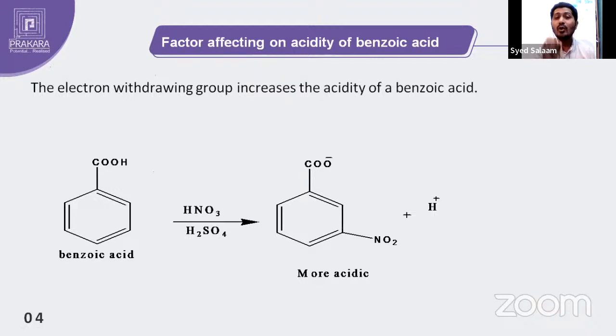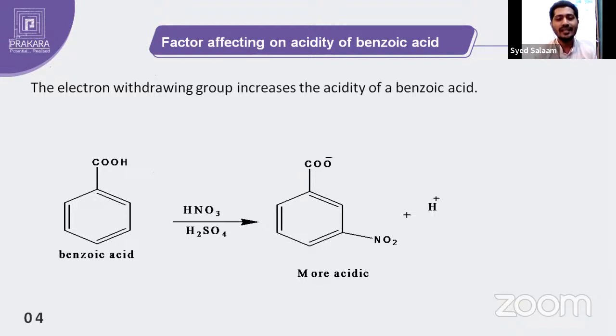The nitro group is an example of an electron withdrawing group. Whenever there is an electron withdrawing group on benzoic acid, it increases its acidity. That is what happens: it can easily release the proton.